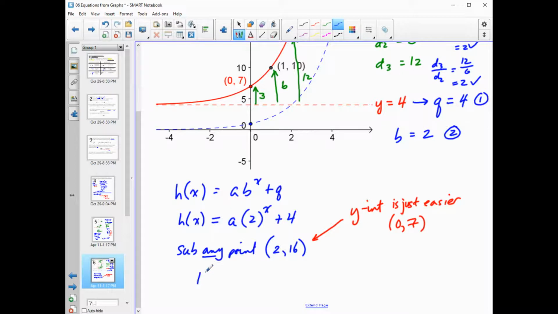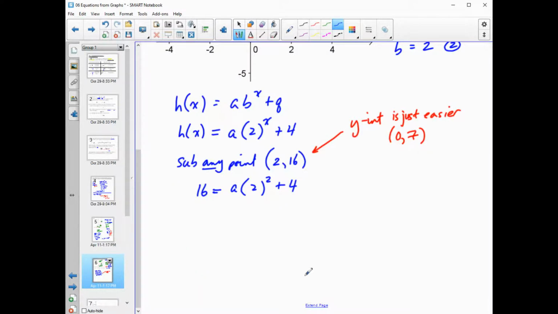But just to show you that it doesn't matter, the y-coordinate is 16, equals a times 2 to the power 2, plus 4. So 16 minus 4 is 12, and 2 to the power 2 is 4, so this is 4a, and so I end up with my a value of 3. So now my function h of x is 3 times 2 to the x, plus 4.